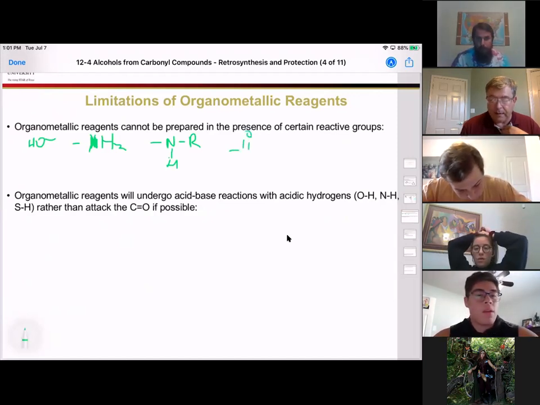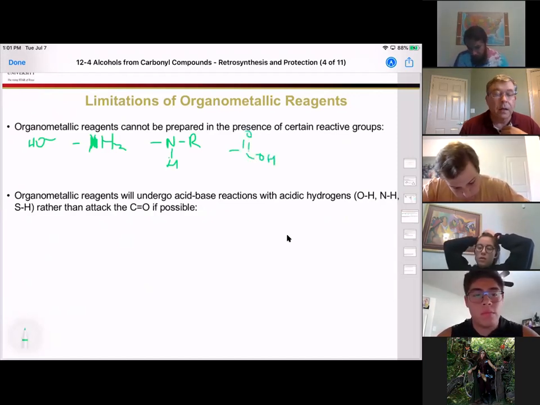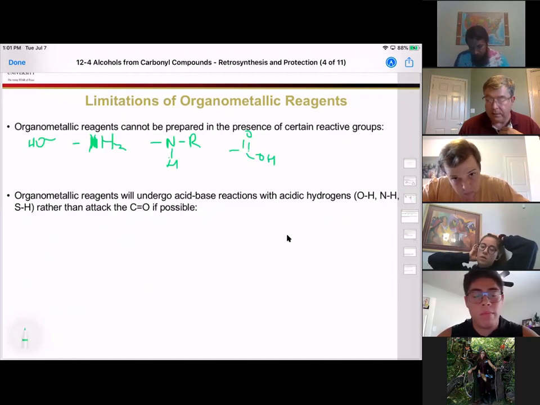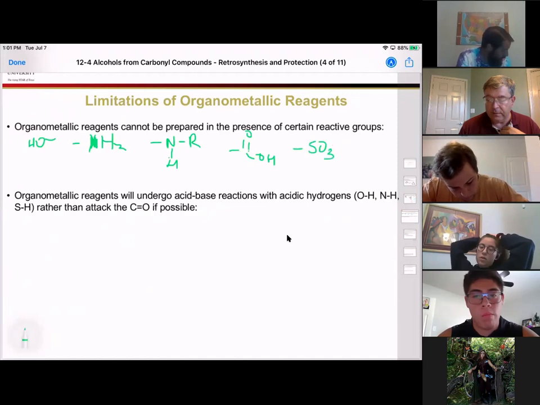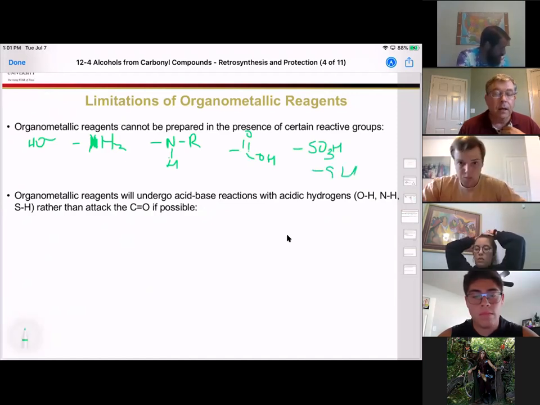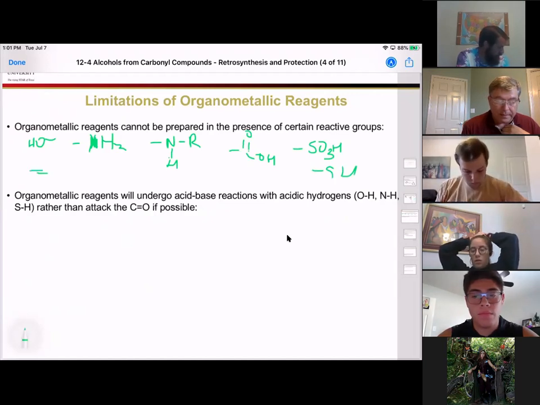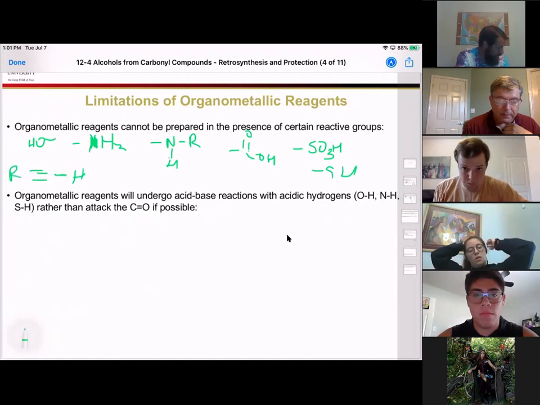Carboxylic acids have that acidic hydrogen on them. You can't do anything like a sulfonate right here, a thiol, anything with an acetylene on it, because that hydrogen is pulled off by those organometallic reagents right here.